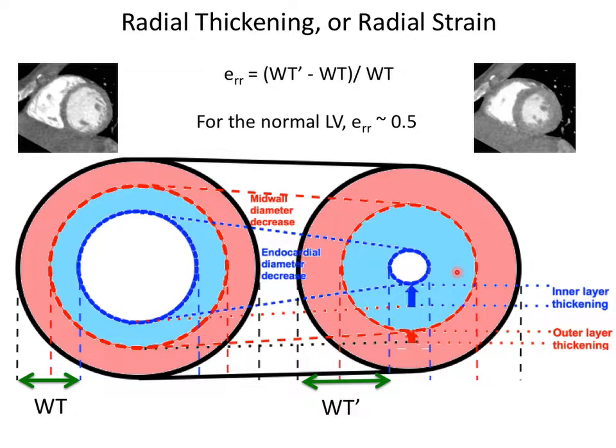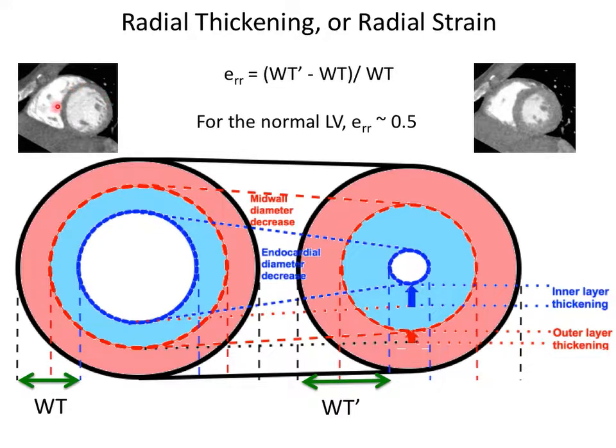So radial wall thickening is another traditional parameter for measuring cardiac function. If I have a heart in a short axis view now, so it looks like a donut, the left ventricle is here, this is the patient's liver down here, their chest wall, right ventricle, left ventricle.